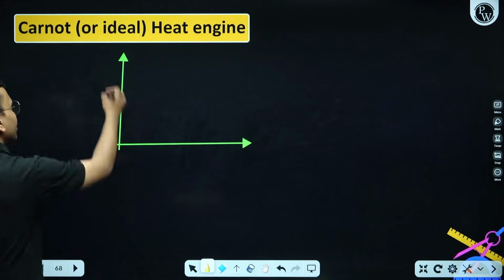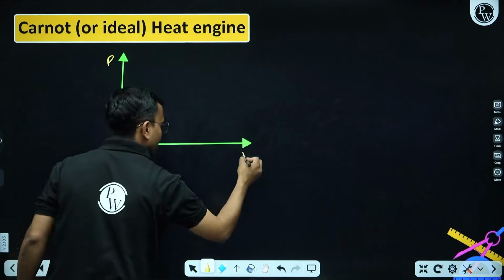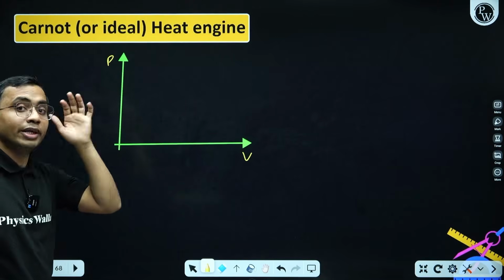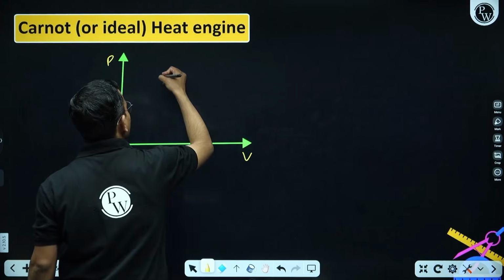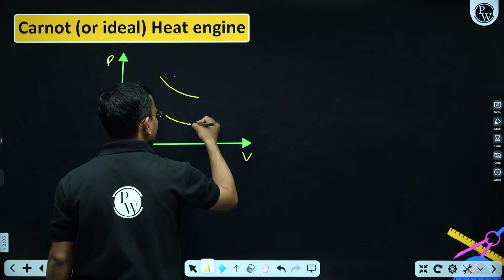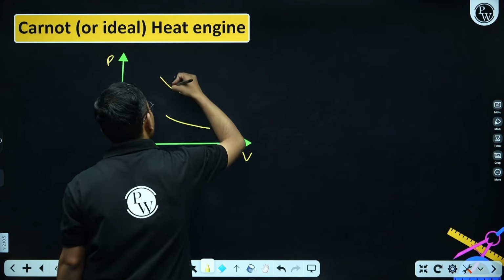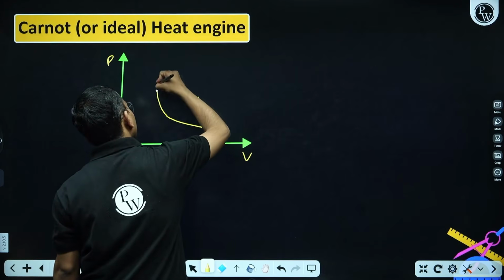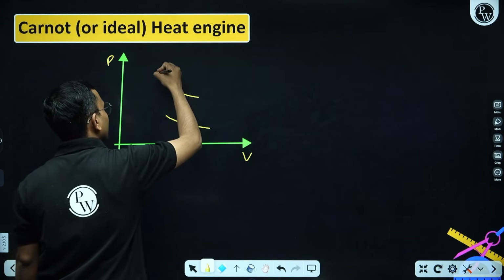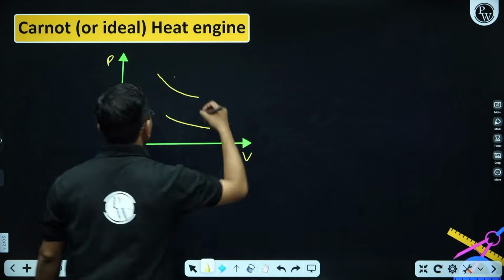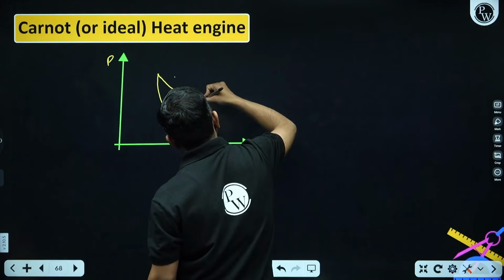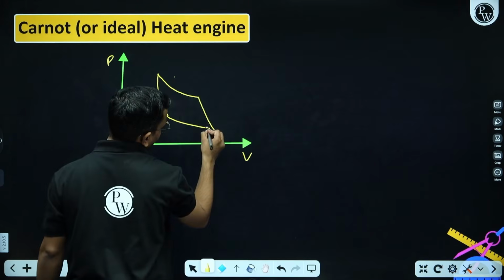Let us take this as pressure, this as volume. So the Carnot engine consists of two isotherms and two adiabatic curves. First of all, two isotherms like this, connected by two adiabatics.